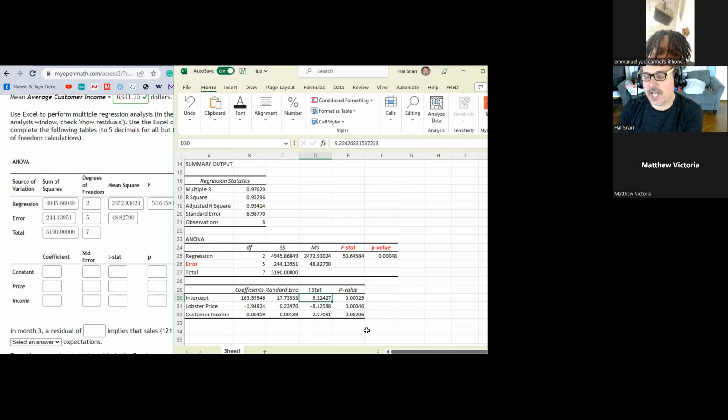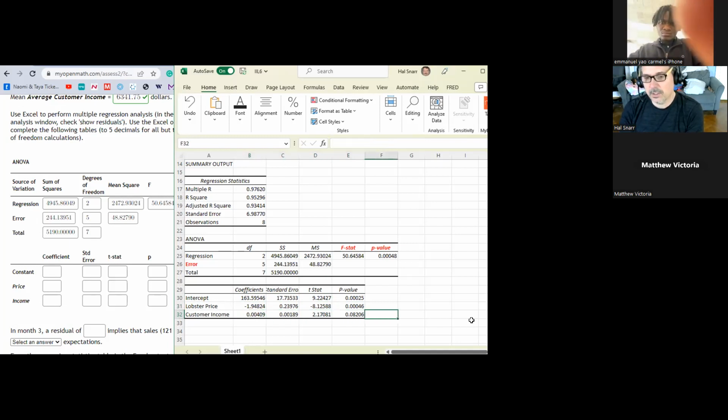When you add those two together, you get 0.00025. We're doing a two-tailed test on this and on that. We want to test if this is equal to 0.